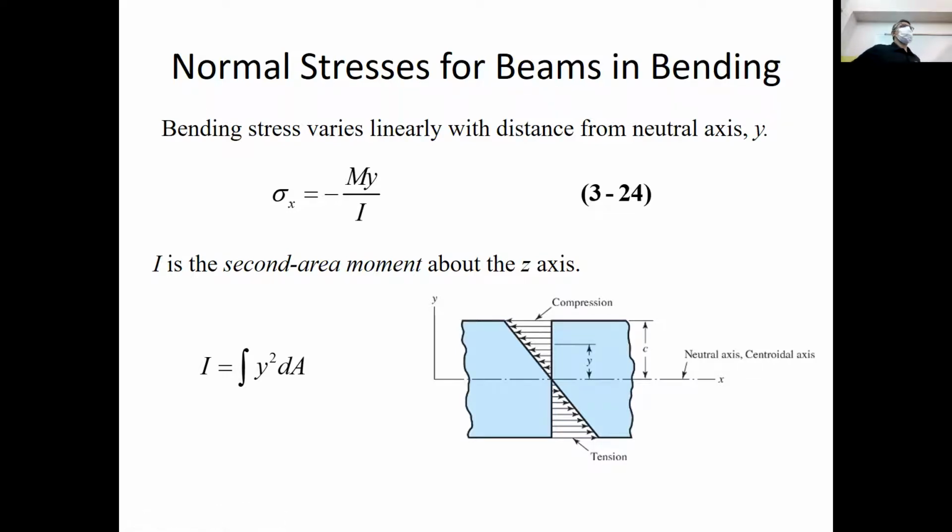And this normal bending stress, I say normal because it acts normal to the surface or to the face. So I still use sigma, and I say sigma x is equal to My over I. And if you look carefully, there is a negative sign. Can anyone remind me why we have a negative sign?